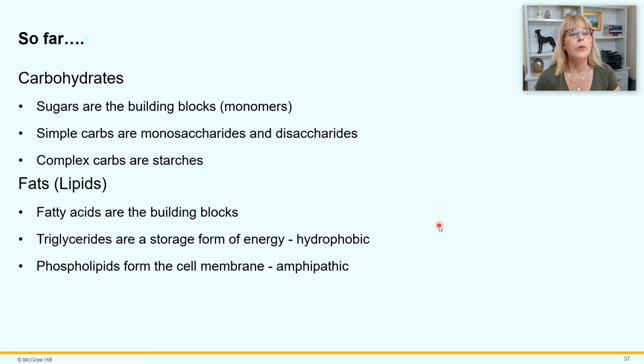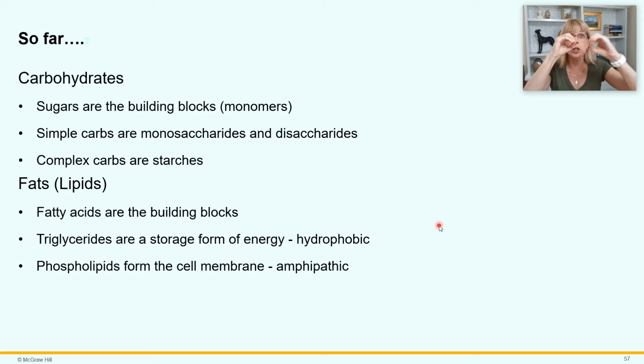So far, in terms of biomolecules, we've talked about carbohydrates. We know the monomers are sugars. We've talked about fats, and we know that the building blocks, not exactly monomers, but the building blocks, are fatty acids. When it comes to carbohydrates, we've learned the difference between monosaccharides, which is a single ring, and disaccharides, two rings of carbs put together.